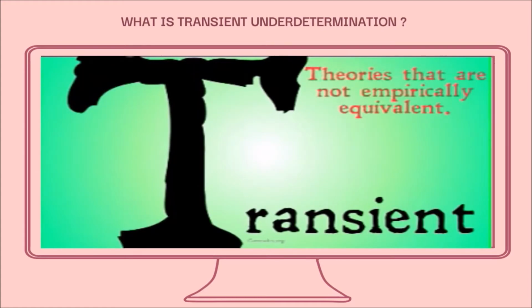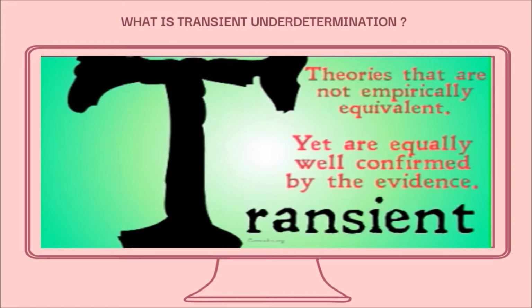Basically, theories that are and will always be equally well confirmed by a data set. However, non-empirically equivalent theories are theories that are currently equally well confirmed by the data and by the evidence, but won't always be. That there is something out there that might change or might happen that would cause the theories to go in different directions.